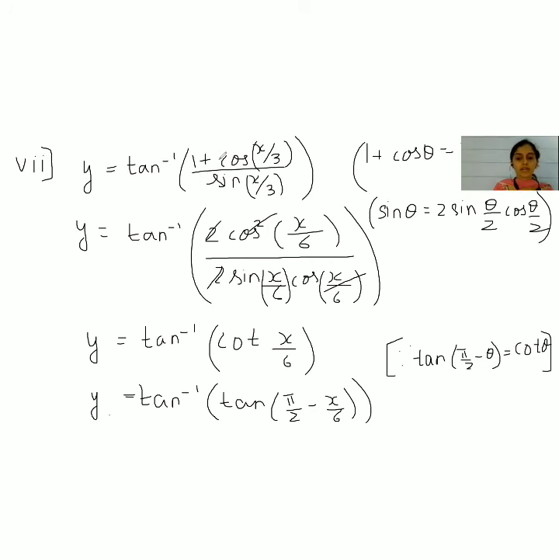Okay, therefore, y is equal to tan inverse of tan pi by 2 minus x by 6, which is pi by 2 minus x by 6. What is the formula we have used? Yes, right? So y is equal to pi by 2 minus x by 6 over here. Now we'll do dy by dx of this function.